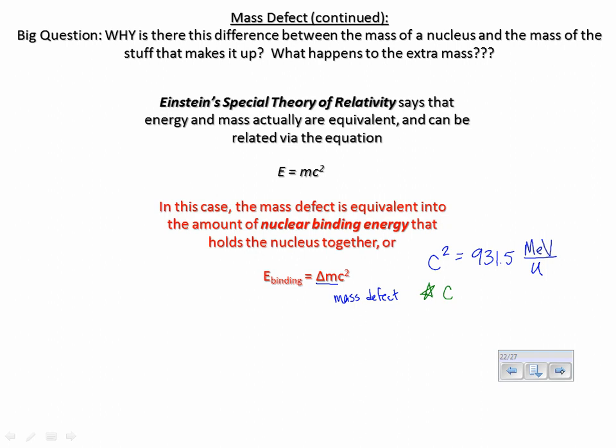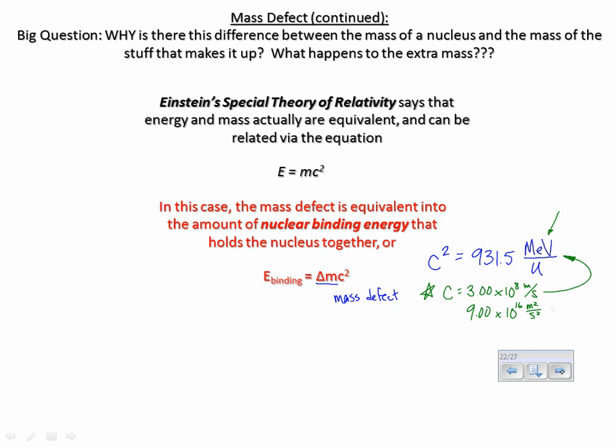If we say that c can be expressed as 3 times 10 to the 8th meters per second, I'd like you to prove somehow that c squared, written in different units, is the same as 931.5 MeV per U. Really we're saying that 9 times 10 to the 16th meters squared per second squared is the same as 931.5 MeV per U. It'll take things like, I know an eV is 1.6 times 10 to the negative 19th joules, and joules gets me closer to things like meters and seconds.